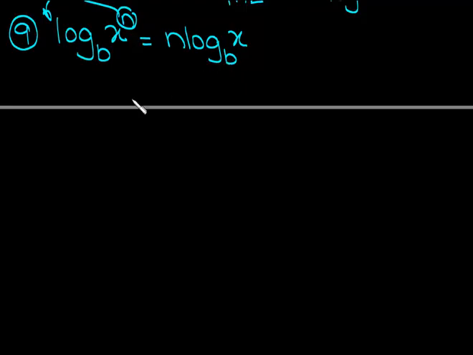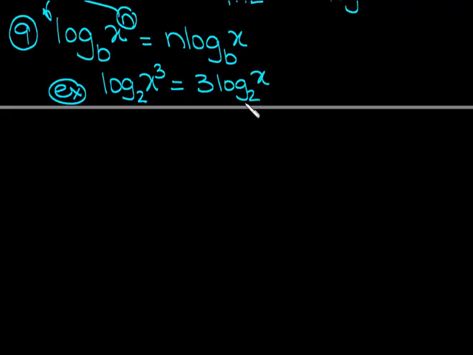Here's an example of that. Let's say I have log of x cubed, base 2, then I can write it as 3 log of x base 2. I can bring that exponent in the front. That's a nice property of logs that lets you bring those exponents in the front.